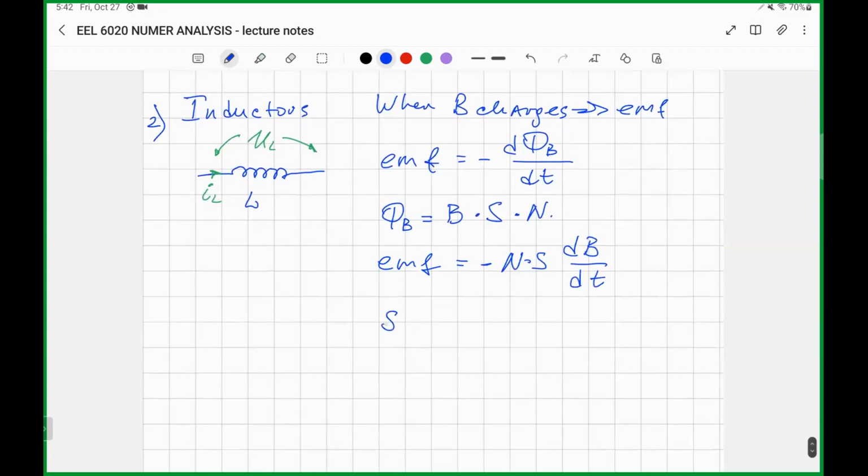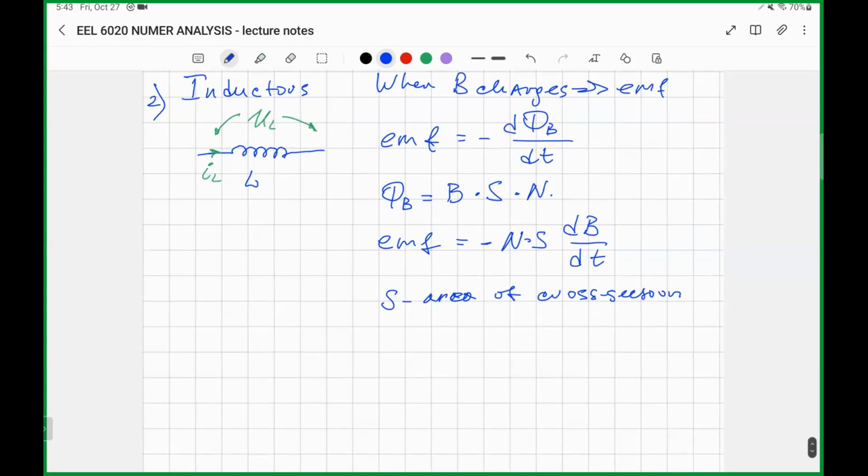And we also can note that S is the area of cross-section of the coil. Okay, so the electromotive force is proportional to the change of the magnetic field in time.